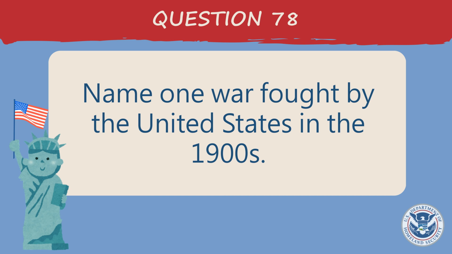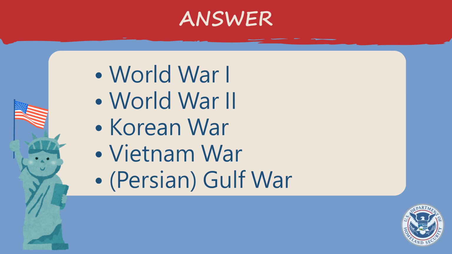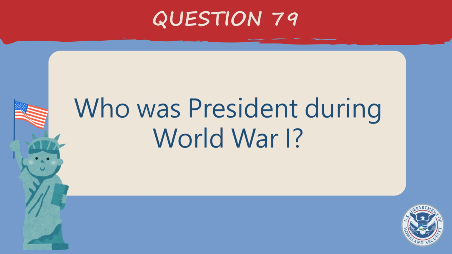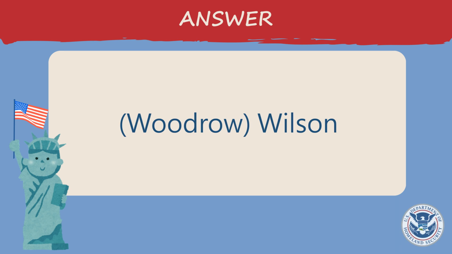Name one war fought by the United States in the 1900s. World War I, World War II, Korean War, Vietnam War, Persian Gulf War. Who was president during World War I? Woodrow Wilson.